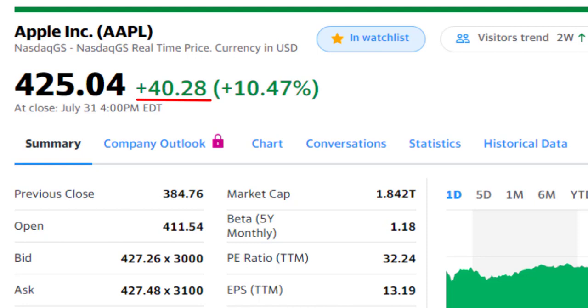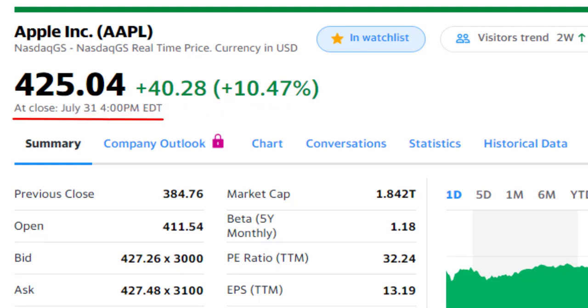If it were down, this number would be colored red. Next to the number in brackets is the percentage change. In this example, the $40.28 increase is a 10.47% increase. This number is also colored in green because it is up.